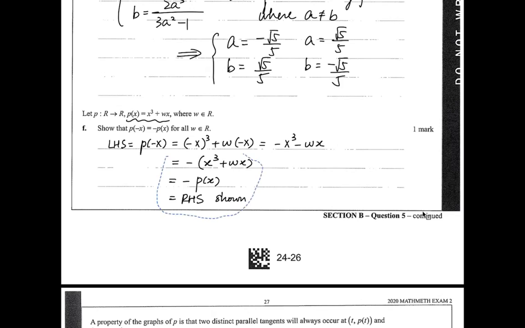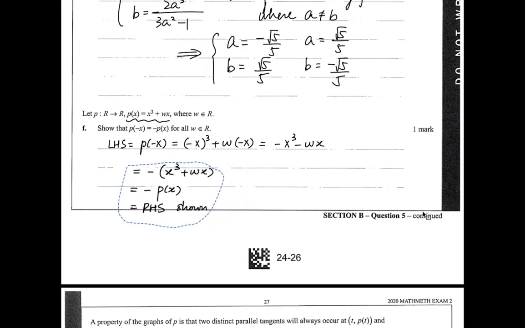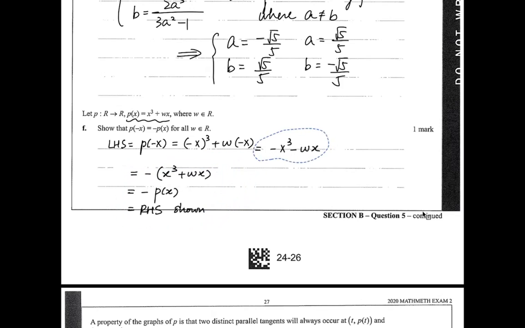Alternatively, I'm not sure whether the second method I'm about to show is reliable or not, but you can have a try if you encounter similar question. P of x is x to the power of 3 plus wx. W is any real number.